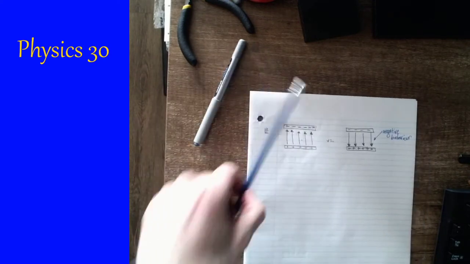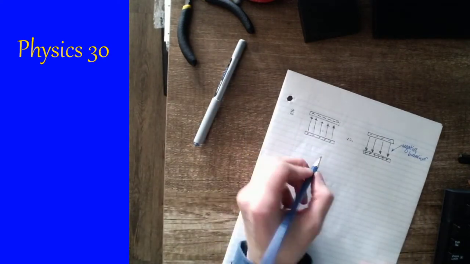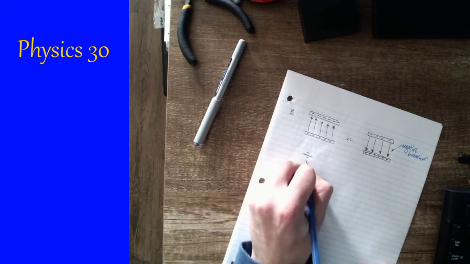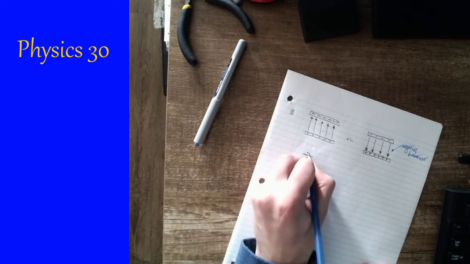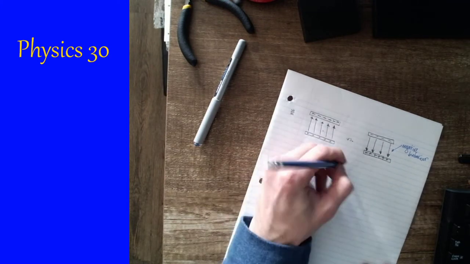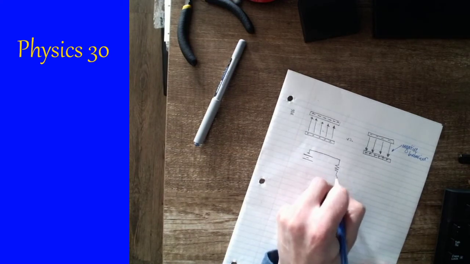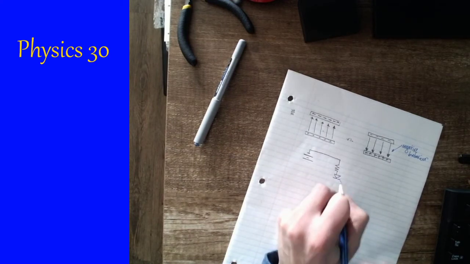So let's draw a simple circuit here. We're going to have a battery. And that battery is going to connect to a resistor and an LED.